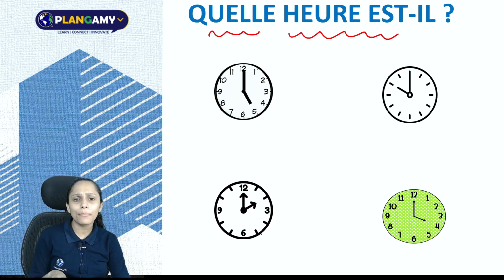Il est 2 heures means it is 2 a.m. But if we say il est 14 heures, it means it is 2 p.m. In the same way, you have to write down here, here, and here. So don't worry, you can pause the video for a few minutes and write down your answers.